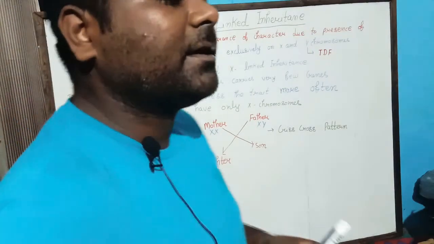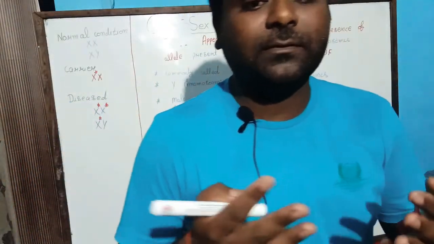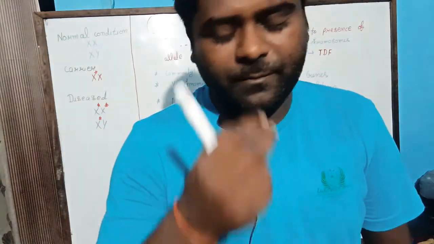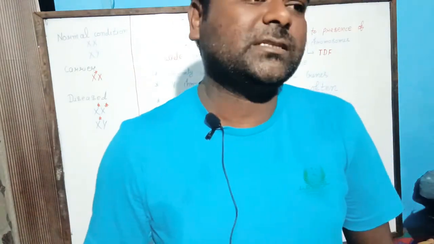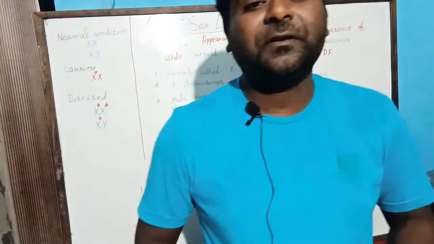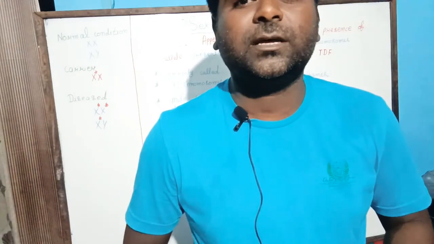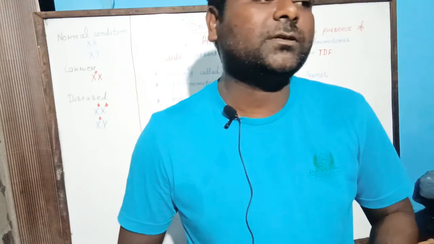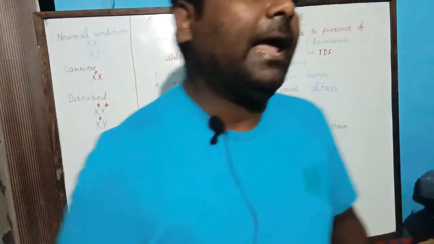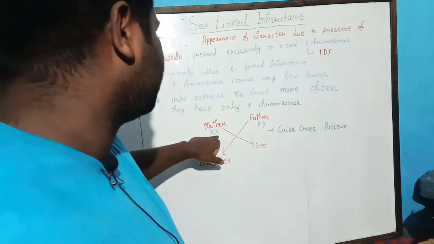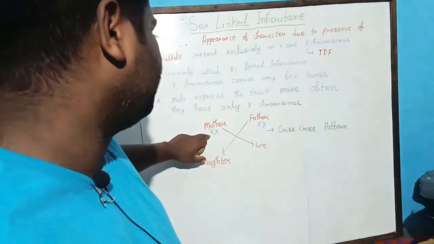I taught you at the time of sex determination, we have the formation of gametes, which is gametogenesis, and the process is meiosis. Whenever mother and father get a chance, whenever we have mating, male gametes are transferred into the female body, and whenever we have the transfer of X, it will meet X.